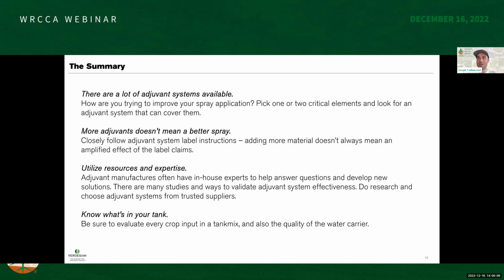So there are really nice ways to show how effective adjuvant systems can be, and there are good water conditioning demos as well, particularly for the folks at Loveland Products or at Nutrien.